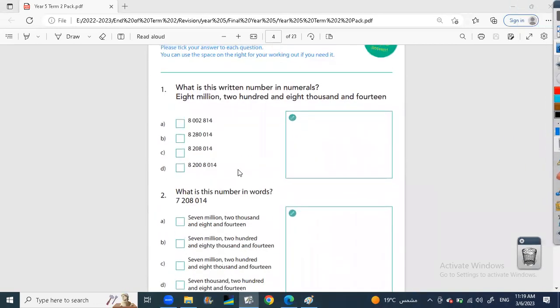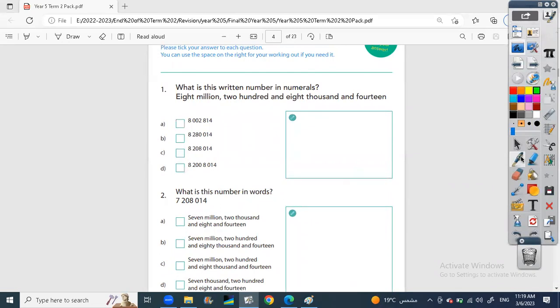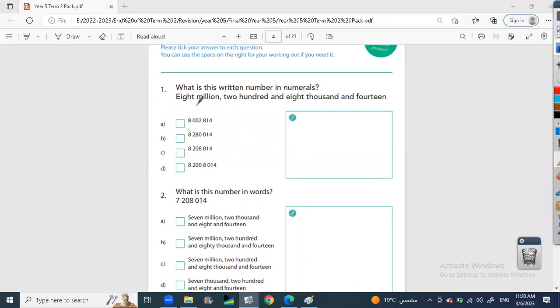The next page over here is about transforming the word form into standard form, like 8 million. All of them are 8 million. 208,000. This is not 208,000, this is only 2,000. 208,000.